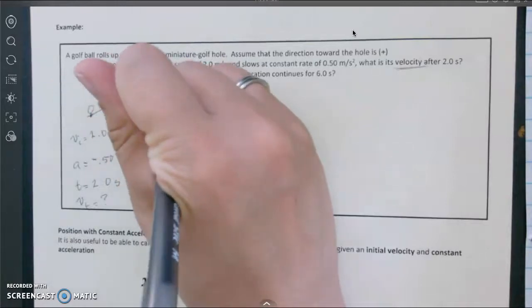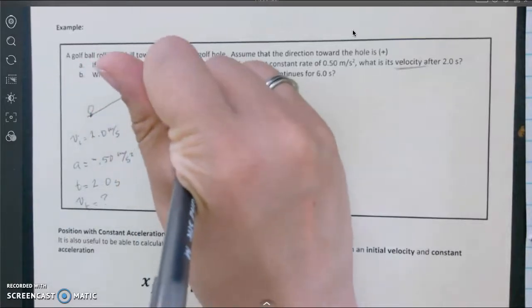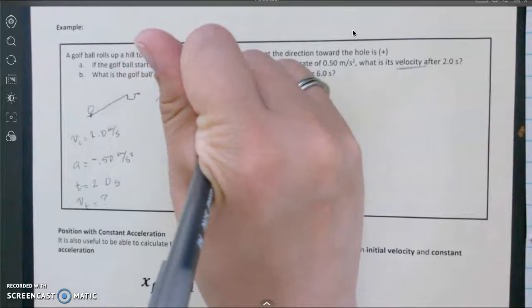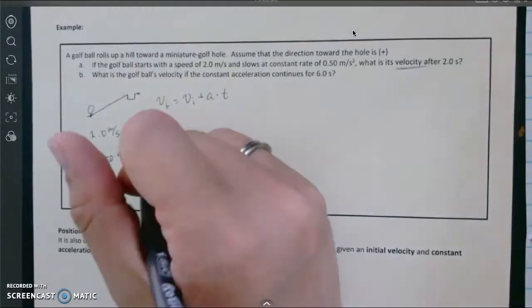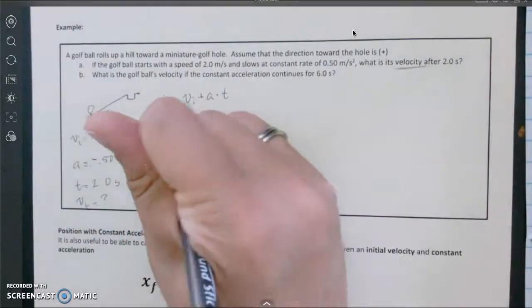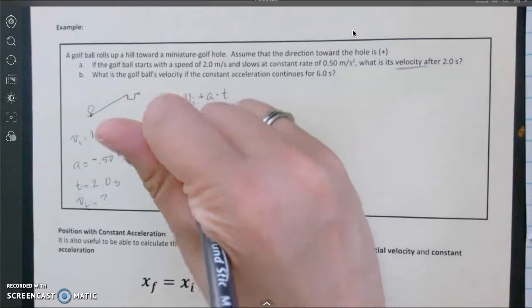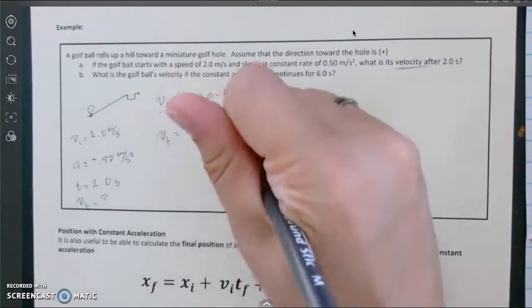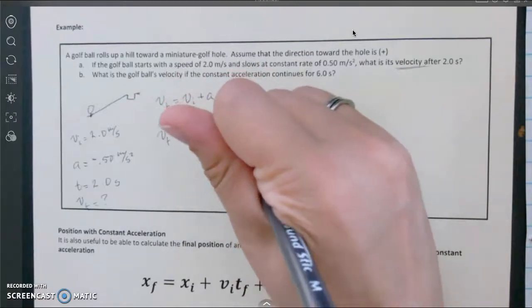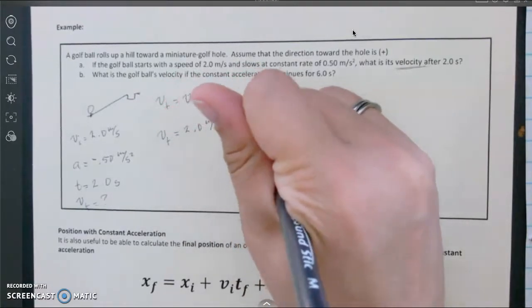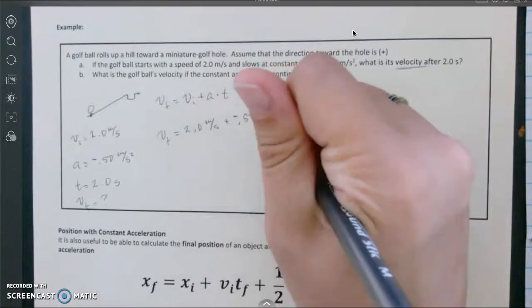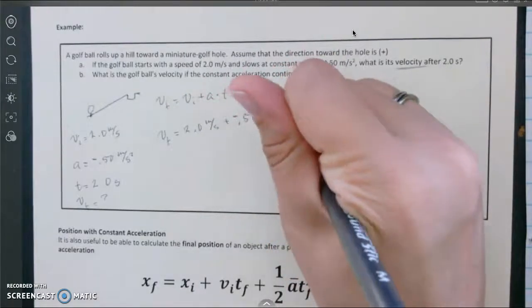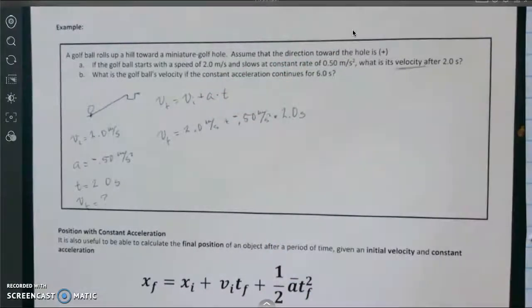Velocity final is going to equal velocity initial plus acceleration times t. So velocity final equals velocity initial, which is 2.0 meters per second, plus acceleration, which is negative 0.50 meters per second squared, times time, which is 2 seconds.